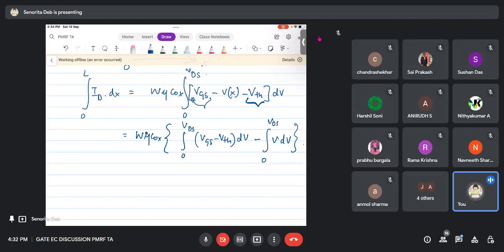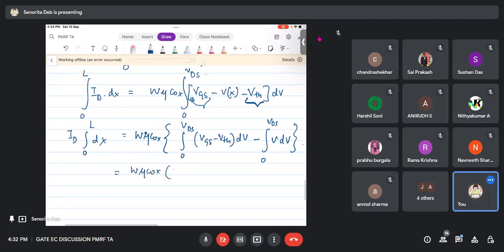Is this clear? Now W mu COX (VGS minus VTH) into VDS, because I am integrating dV, minus V square by 2, VDS square by 2. There is a bracket here, and here it will be ID into L.